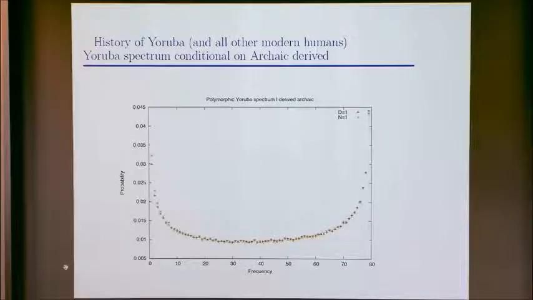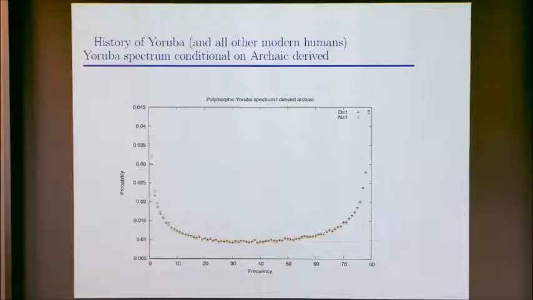So I want to think about what's going on in the modern human part of the tree. The fact that you get this same conditional spectrum must mean that at the split, when ancestral Yoruba and ancestral archaic split, it can't matter if Yoruba is polymorphic.